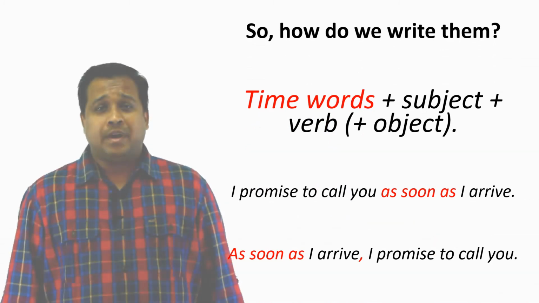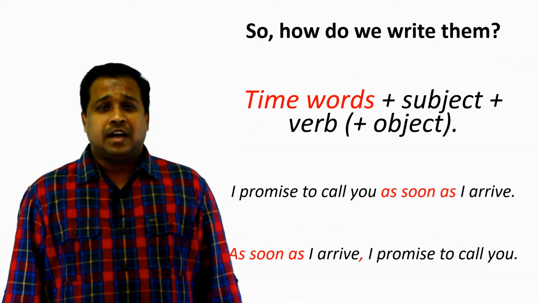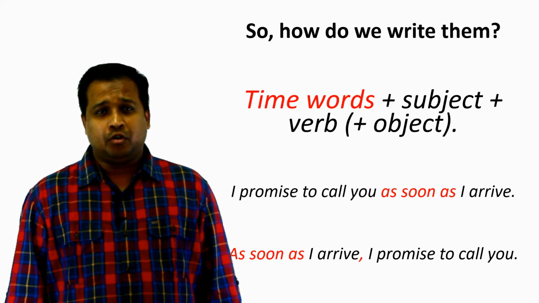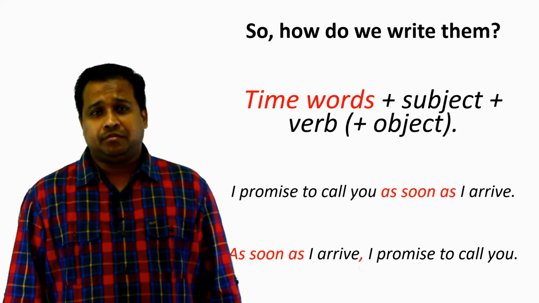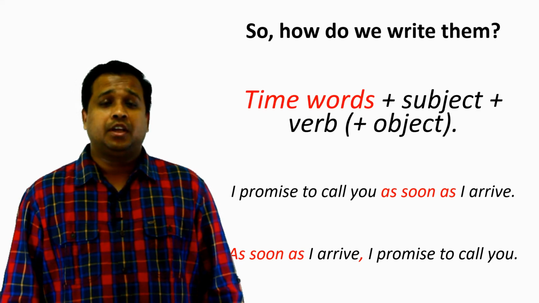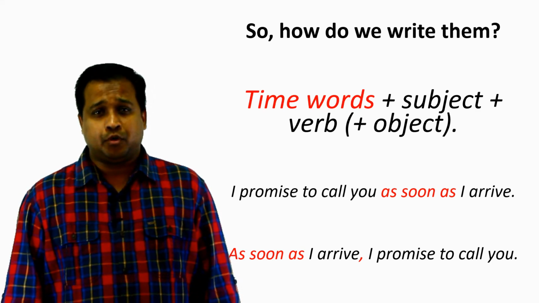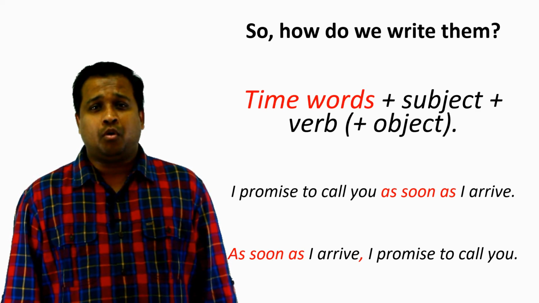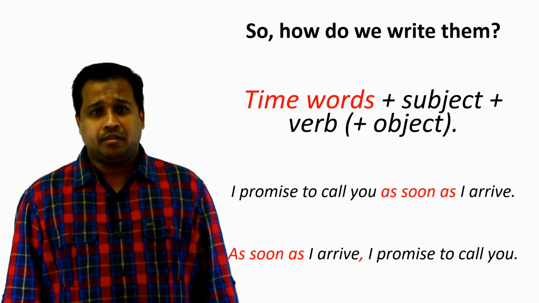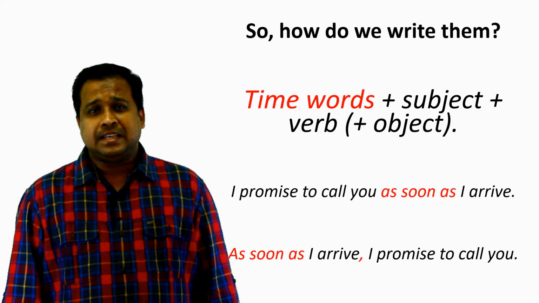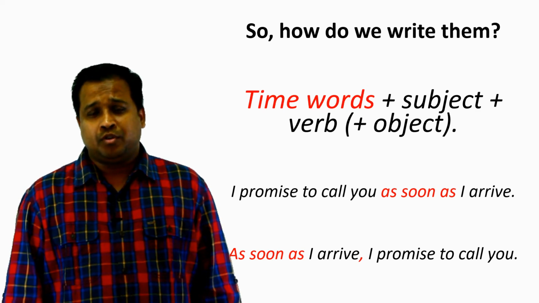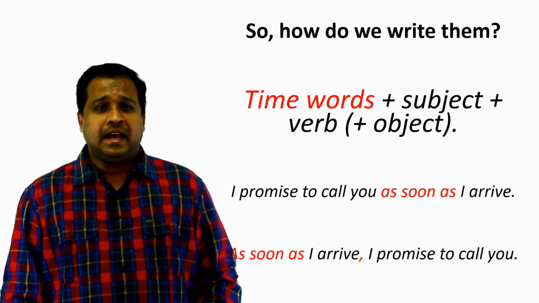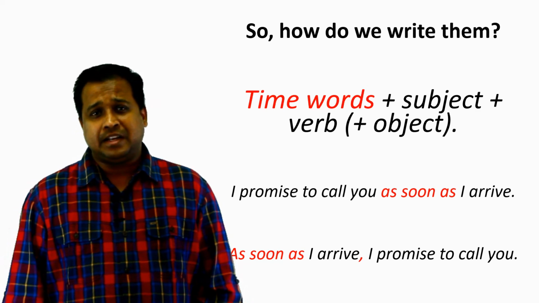So, how do we write? Time words should be written first, followed by the subject and a verb. If you have an object, you can proceed with the object and put a full stop at the end. For example, I promise to call you as soon as I arrive. Here you can see I promise to call you is independent and as soon as I arrive is the dependent clause.